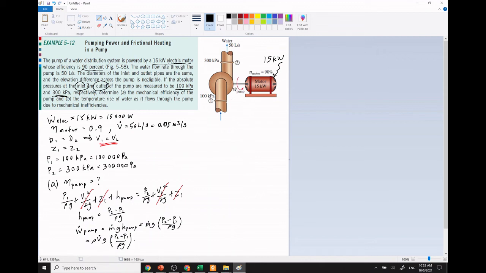Okay, now we place in the values. Rho is 1000 kilogram over meter cube. V, the volumetric flow rate, is given as 0.05 meter cube over second. Gravity is 9.81 meter over second square.